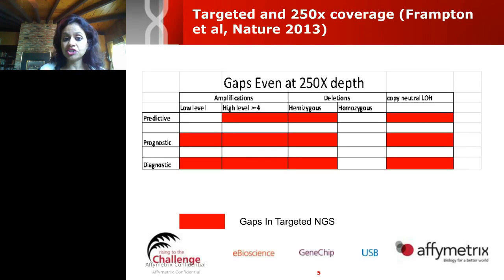So amplifications that are below 8 copies, hemizygous deletions, and copy neutral LOH events continue to be a problem even at 250x coverage according to this paper. The next logical question is, do these lower level amplifications matter? Do amplifications below 8 copies even matter?